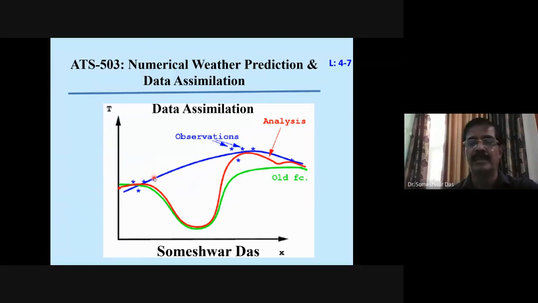We have observatories over the lands, so the analysis over the lands will be close to the observations. But over the ocean, where there is a scarcity of observations, there your red line will be close to the green line, because there are no observations, so your analysis remains the same as the first guess.